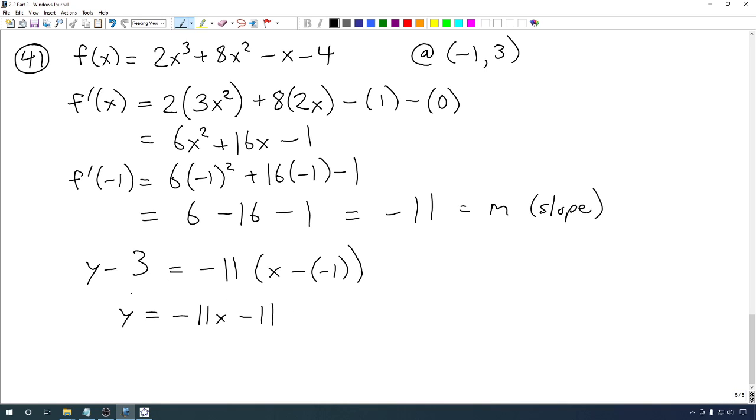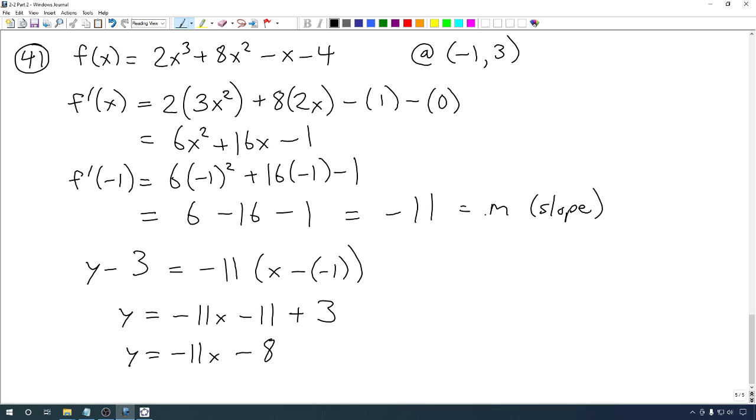But then this 3 that I have over here, I'm going to move over to the other side. So I'm going to add 3 to the other side. Well, we have y equals negative 11x, but then the negative 11 and the 3 will combine to give a negative 8. So our y-intercept of this tangent line should be negative 8.